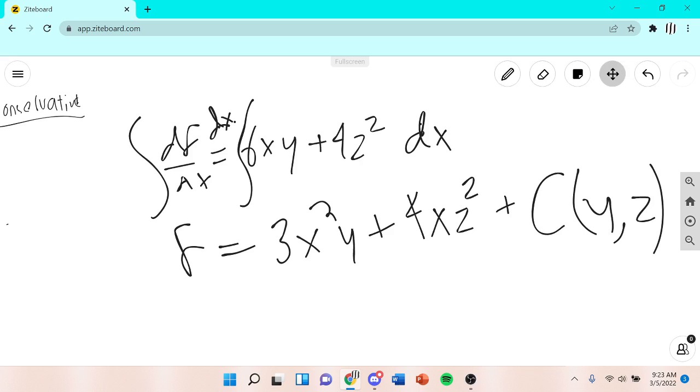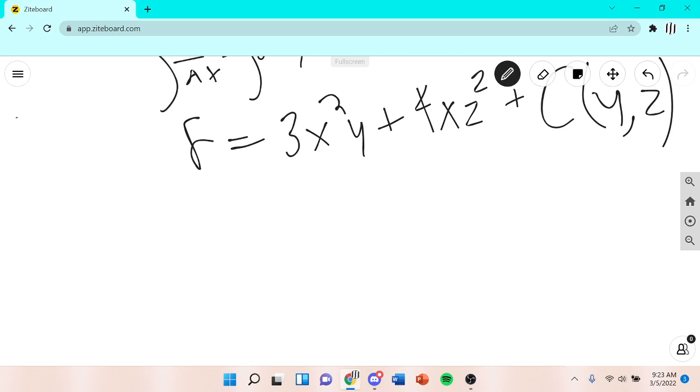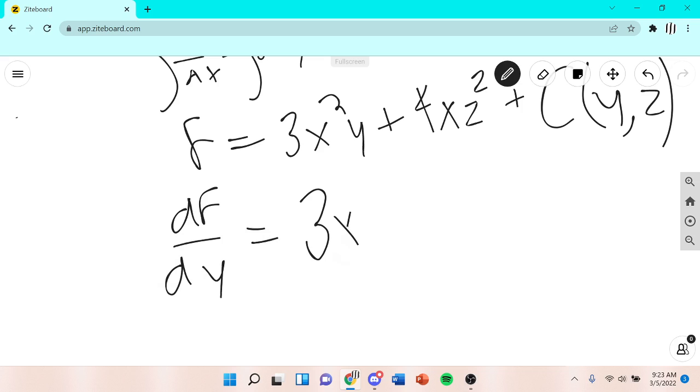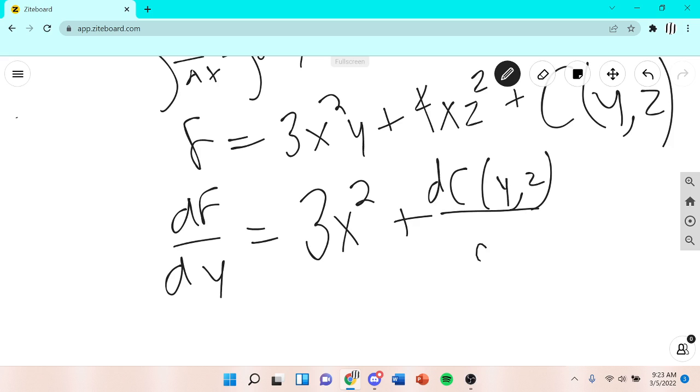Now we're going to differentiate this function with respect to y, the partial derivative of this in terms of y. This is just going to get you 3x squared. This term just becomes 0, so we can cross that out. This one becomes c of y, z, and the derivative of that in terms of y.